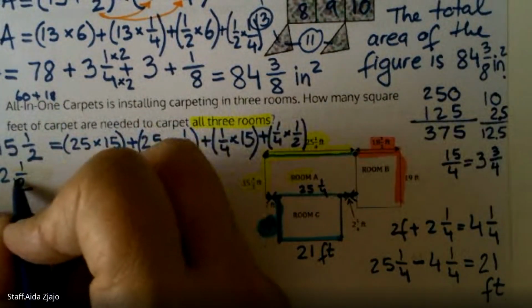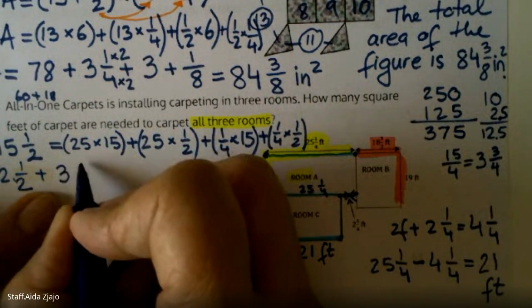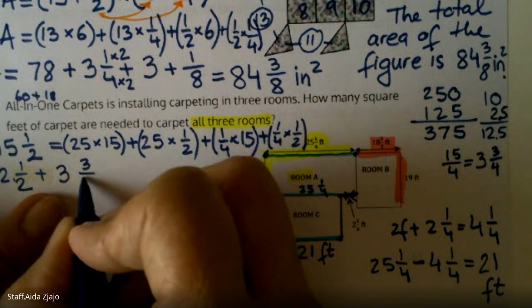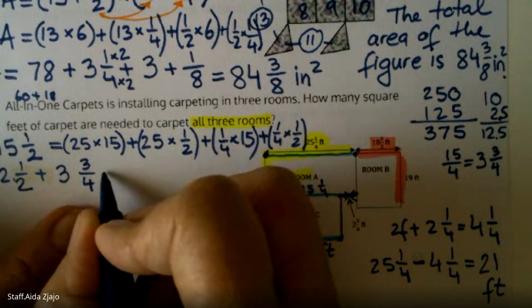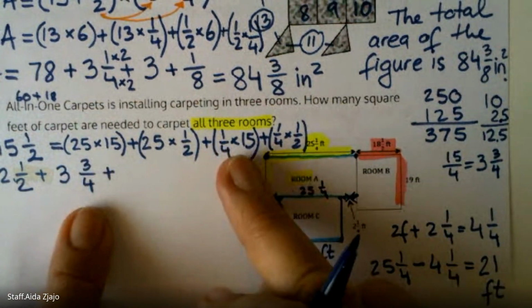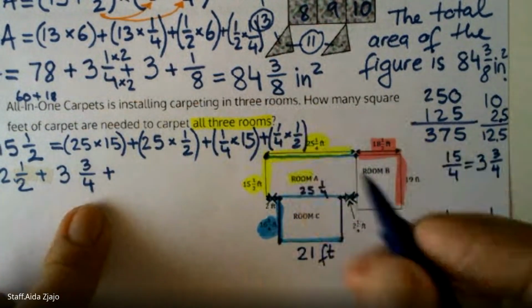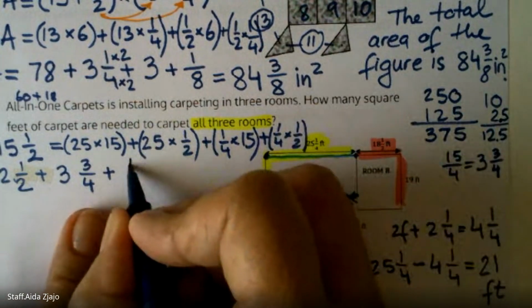12 1/2 plus this is 3 3/4 plus 1/8. Did I do that correct? Now 1/4 times 1/2 is 1/8.